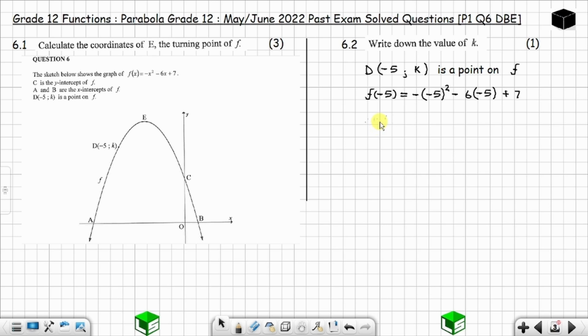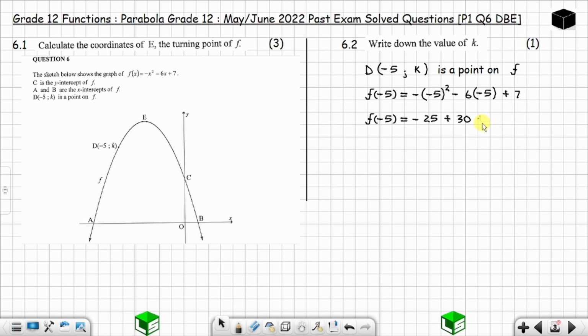And then f of negative 5 is equal to negative, and this is 25. Can you see negative 5 to the power of 2? You raise everything there to the power of 2. It's going to give you 25. And then you have negative times negative, which is positive. You have 6 times 5, which is 30, right?